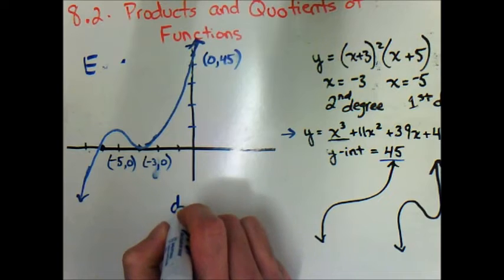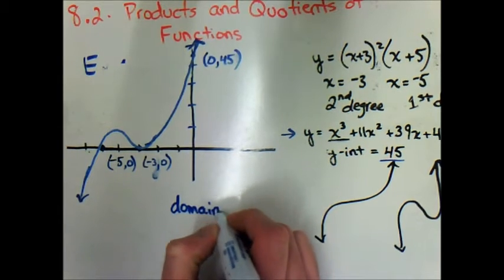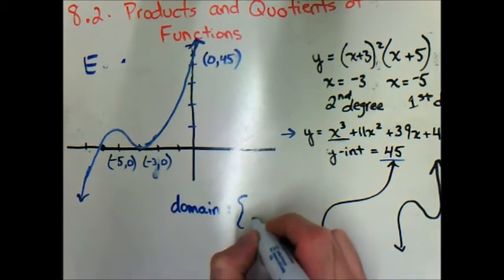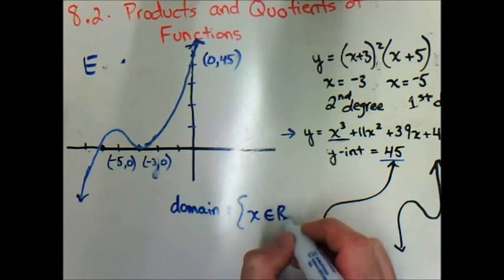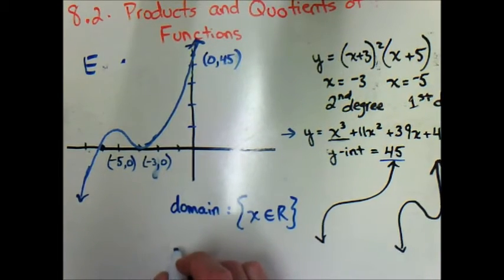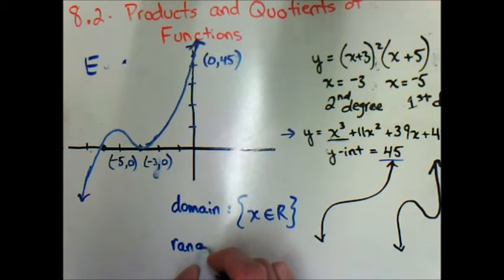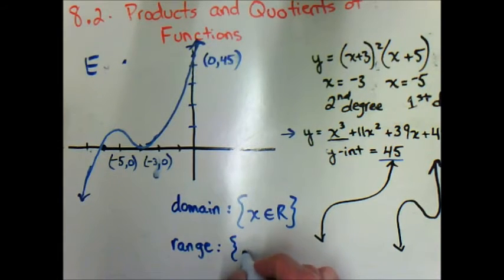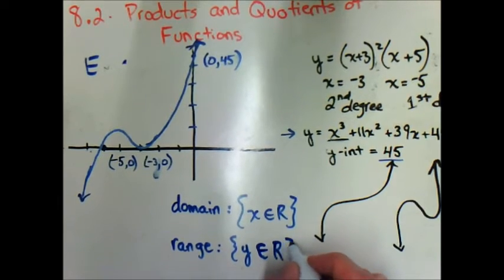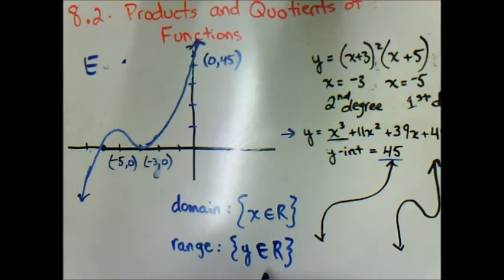So domain is x an element of the real numbers, and range also is y of all real numbers with no restrictions.